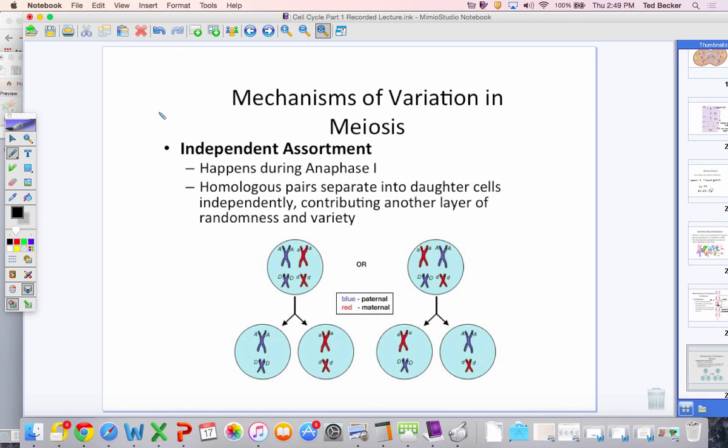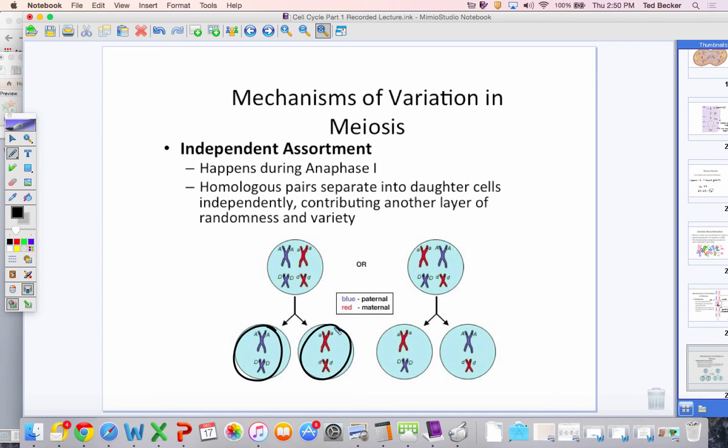Another mechanism of variation is independent assortment. And this describes the process of the homologs separating in meiosis 1. And it just shows here that they can separate in many different combinations. So in this one, you get both homologs from your dad.